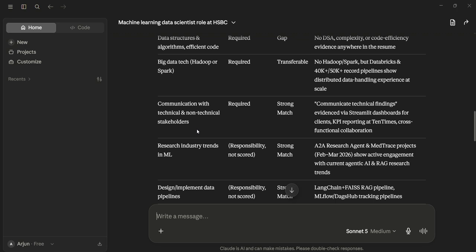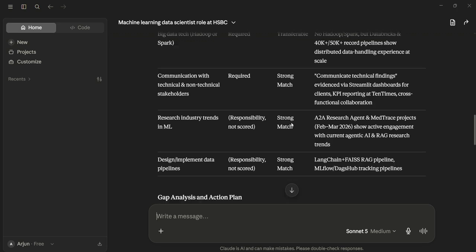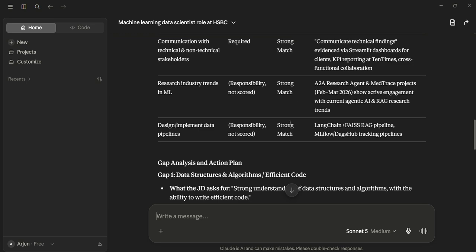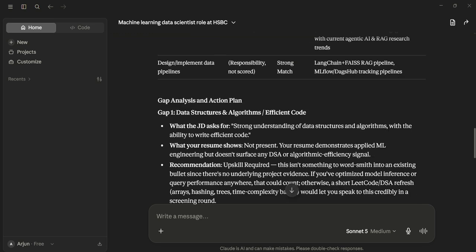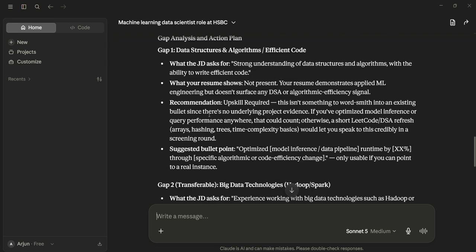And I have spoken about interpersonal communication with non-technical teams as well, and that is a match here. And it gives a tailored plan for better improvement of this resume and matching it with the job description in a more compatible manner so that the resume passes through.